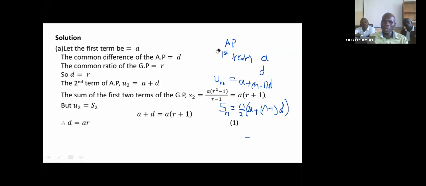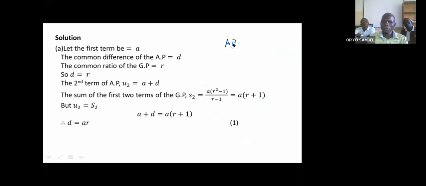Let's go to GP. What do you require from GP? When we are talking about GP, geometric progression, we also need the first term. Let me denote it by a. We need now what we call the common ratio. Remember, the common ratio is the ratio of successive terms. Then another thing you should know is the nth term also.